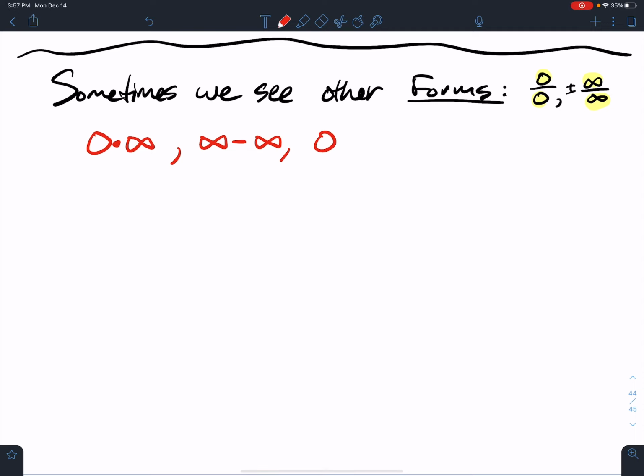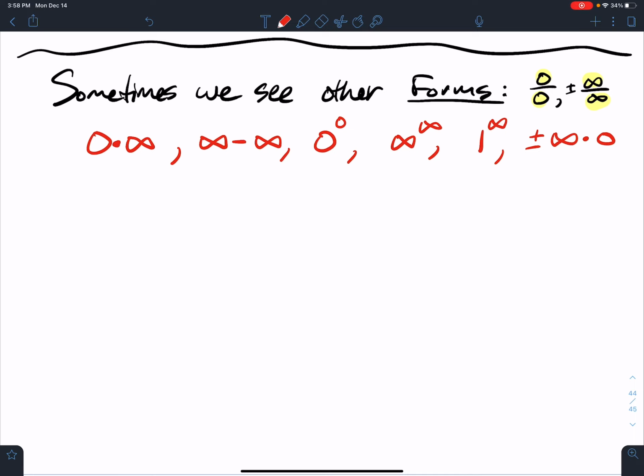You could have 0 raised to the 0 power. Shoot, you could even have infinity raised to the infinity power, 1 raised to the infinity power, and then plus or minus infinity times 0, whatever, right? So a lot of different forms that you could get whenever you plug in.